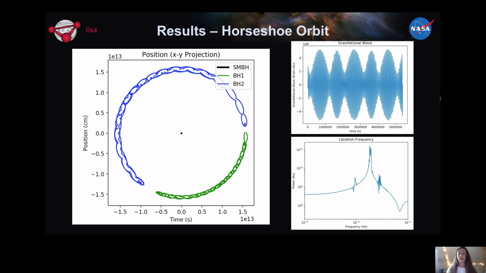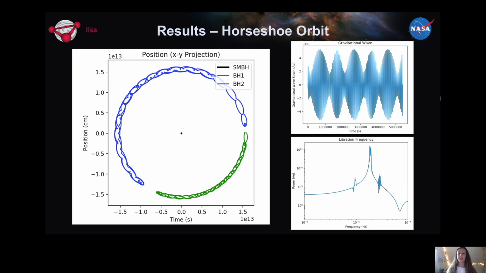The peaks in this plot represent the points where the two stellar mass black holes are at their closest and furthest approach points. We can then take this gravitational wave plot and calculate the Fourier transform of the gravitational wave to receive the libration frequency of this system. In the bottom right-hand corner, we have the libration frequency plot, which we can identify has 3 main peaks.